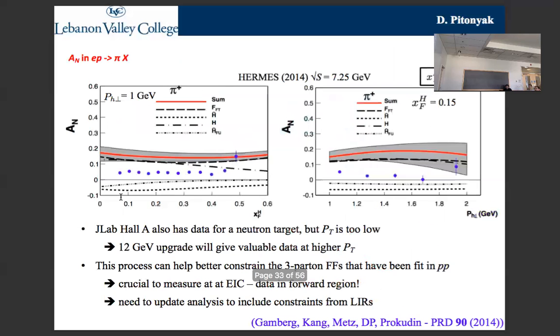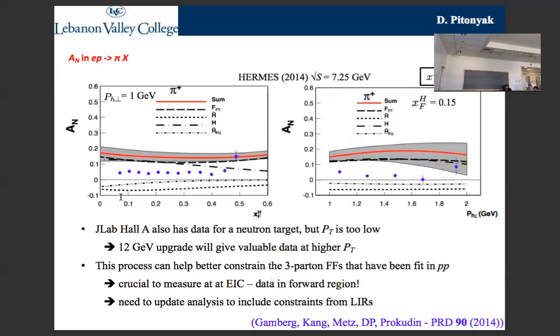Because we wanted to talk a bit about the EIC, I wanted to also show A sub N in ep collisions. So this was work that we had for a leading order calculation of this result compared to the HERMES data. So we're clearly above the data here. But again, this was back in 2014. We need to update this to include the constraints from the Lorentz invariance relations.